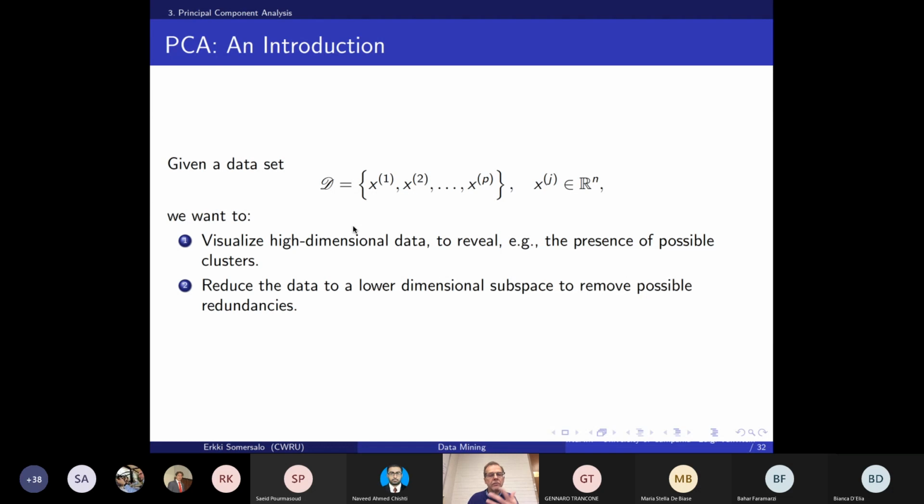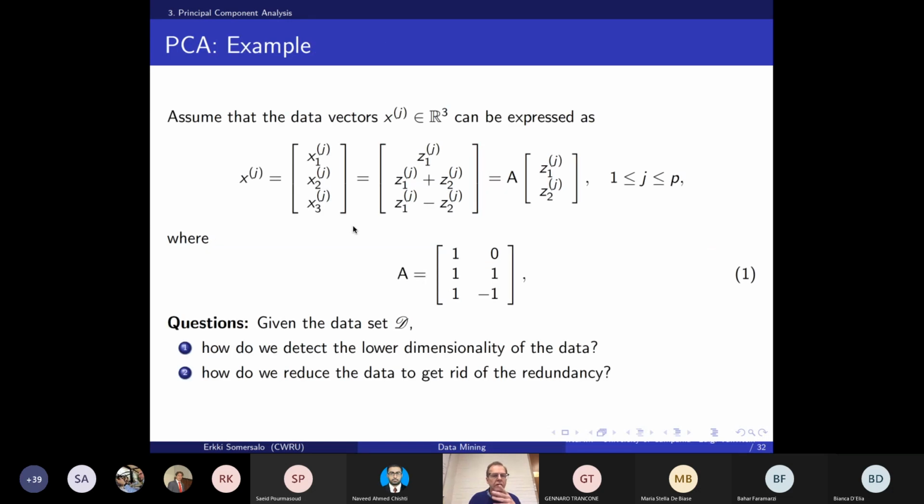We would like to look at the data somehow, but it's high dimensional data, so it's really hard to visualize. The other objective is that if we have some redundancy in the data, or components or attributes which are not important, I would like to reduce them. But how can I identify linear combinations of attributes which are not pertinent? This is the question.